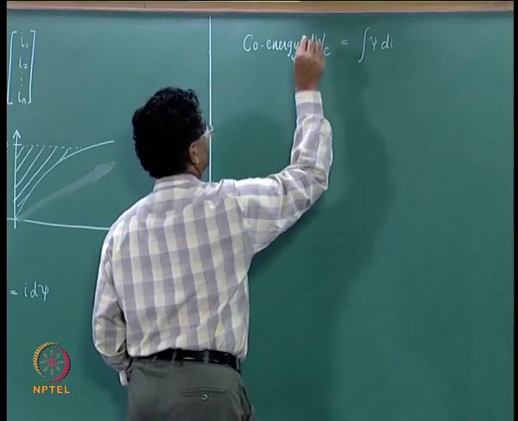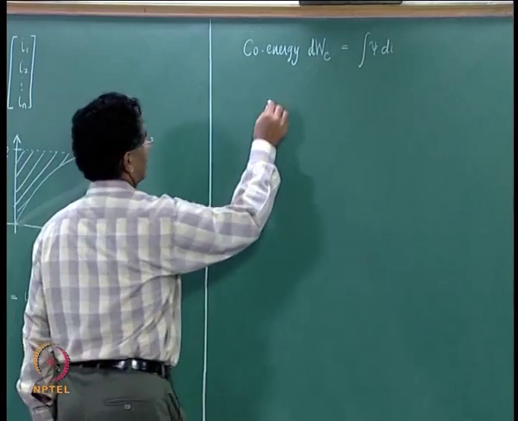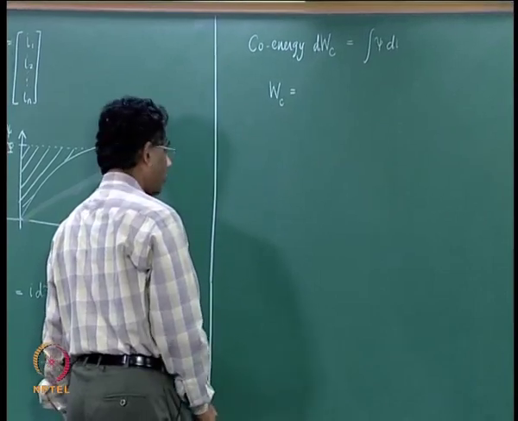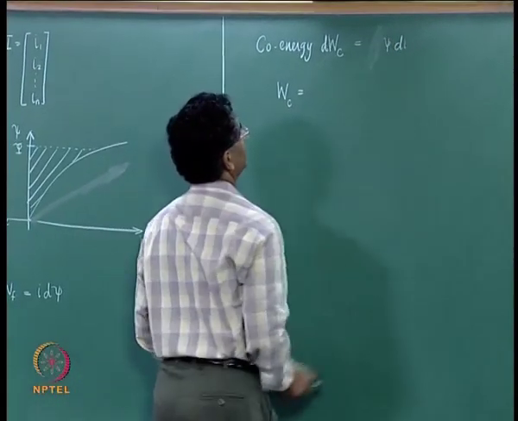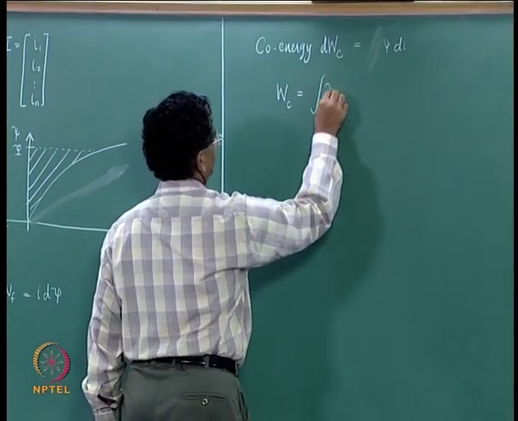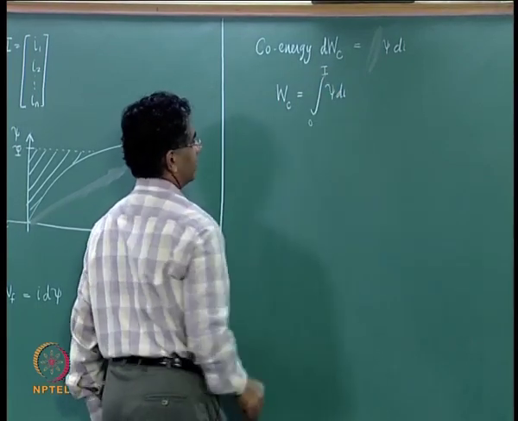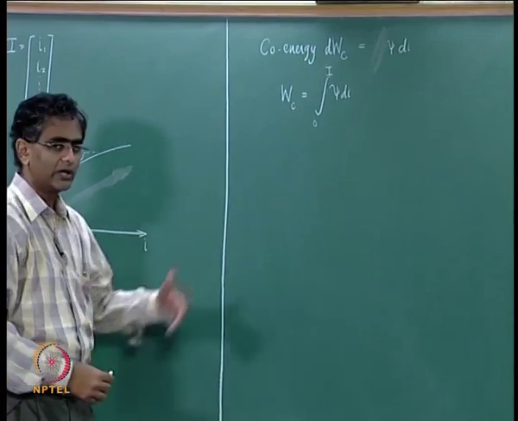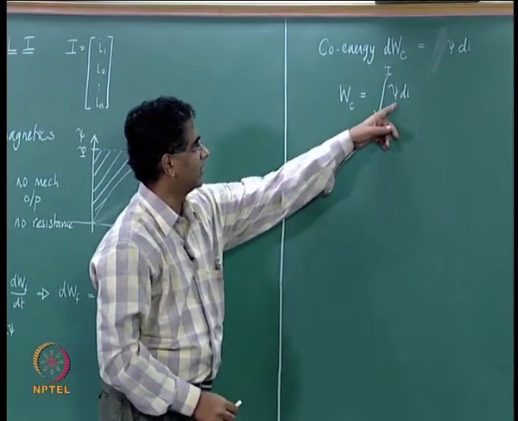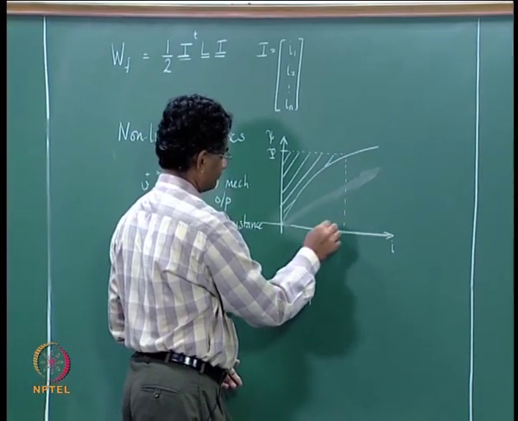A small change in the co-energy, dWc, is given by psi di, and the co-energy Wc is then the integral of psi di going from 0 to some final current I. By the very form of this expression, one can understand that this integral of psi di would result in this area.